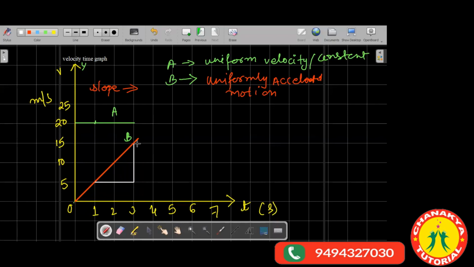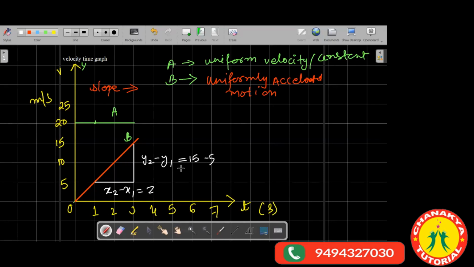You have this, the length is y2 minus y1, and the bottom is x2 minus x1. At this value y2 is 15 and y1 is 5, so you get 15 minus 5, that is 10. And x2 minus x1 is 3 minus 1, which is 2.